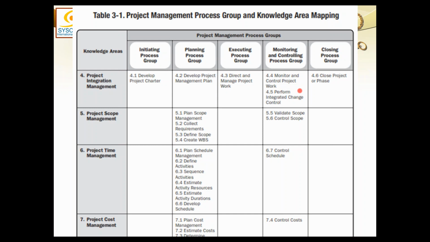No, the point is, I said scope, time and cost are being planned in thorough detail during planning. Each and everything you have to do, every activity, every work package, every bit of money you have to spend is fully described here in scope, time and cost.